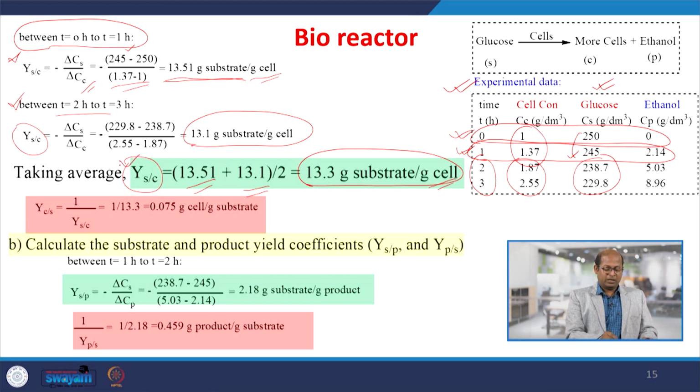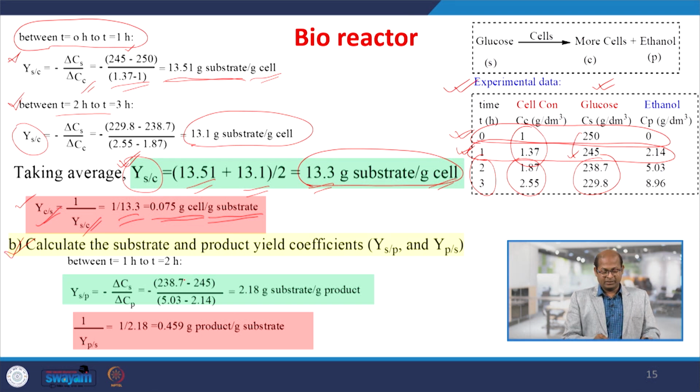So, this is the yield coefficient for substrate and cell. Similarly, YCS also we can write this way, inverse, that is that much gram of cells formed per gram of the substrate consumed. So, this is just the inverse of this. Okay. So, this way we can interchange with each other.